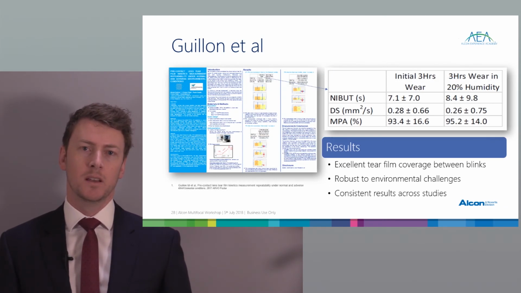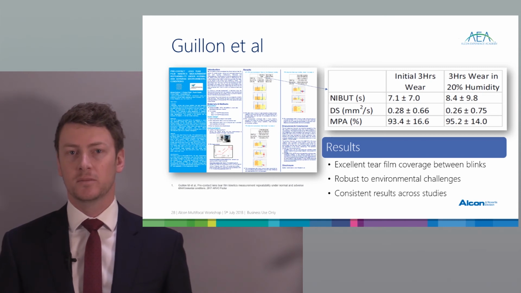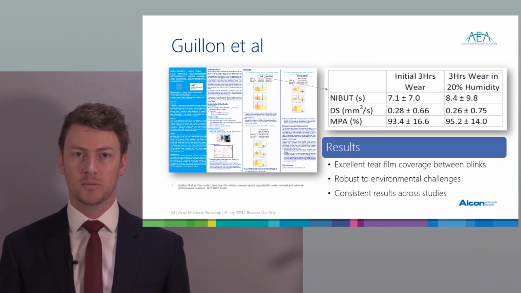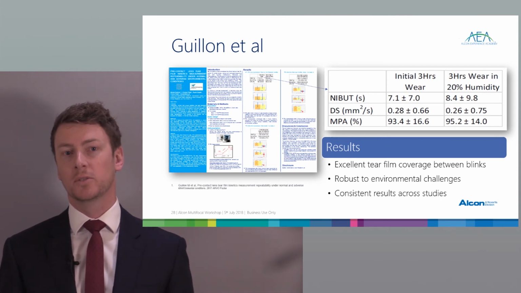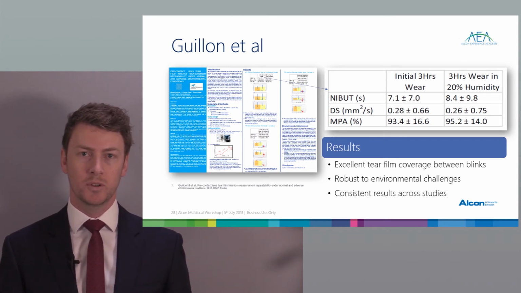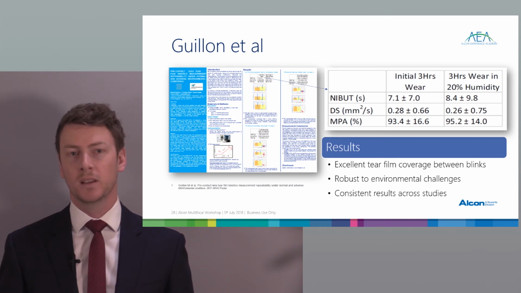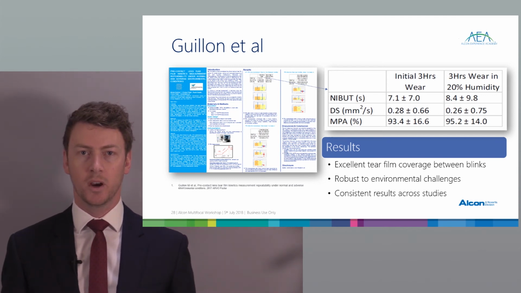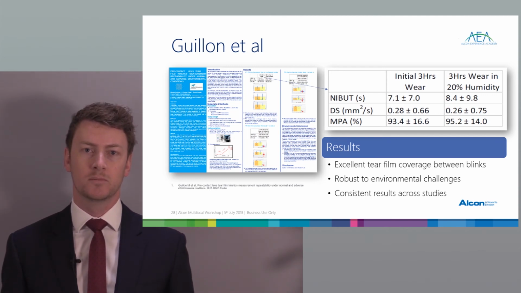Now, I'm sure we all have lots of patients who work in highly air-conditioned offices and stare at computers all day. I know I do, which can be a pretty challenging environment for contact lens wearers due to the low humidity and of course that reduced blink rate with computer use. So, in 2017, Guillaume did a study where he put Daily's Total 1 to the test in a reduced humidity environment and compared the results to a normal humidity environment.